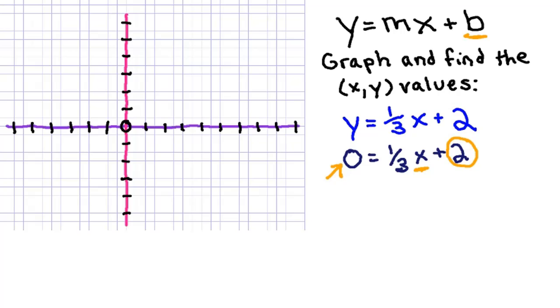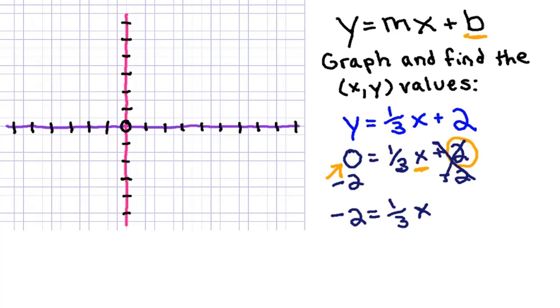Let's plug in 0 for the y, and algebraically solve this problem. So we have 0 equals 1/3 x plus 2. First, we have to get rid of this 2 by subtracting it from each side. So the plus 2 and minus 2 cancel each other out. Now we have negative 2 equals 1/3 x.